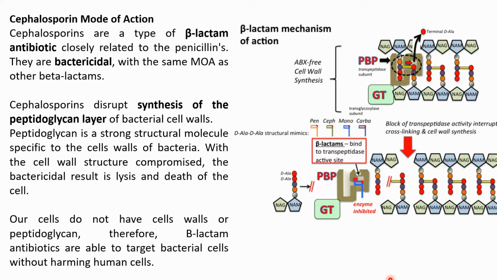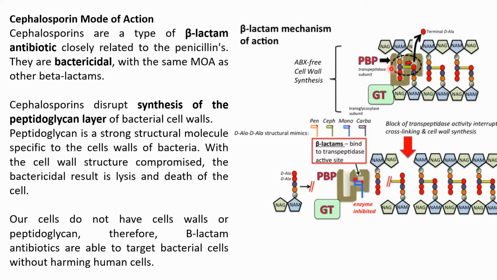Cephalosporin disturbs the synthesis of the peptidoglycan layer present in the bacterial cell wall. It also acts like penicillin, and both these derivatives inhibit the cross-linking of the peptidoglycan layer. On the screen you can see the cephalosporin will bind with the penicillin binding protein, PBP, and it will inhibit the cross-linking between alanine and lysine.